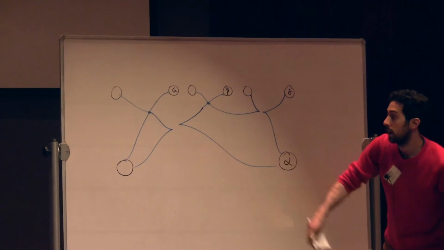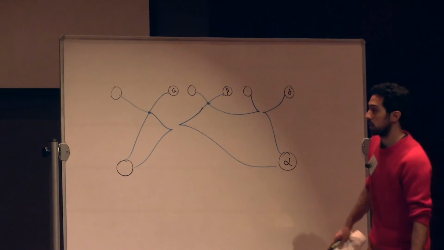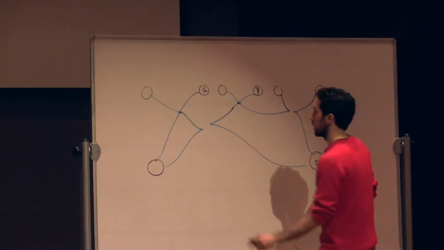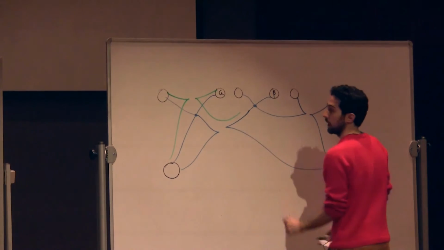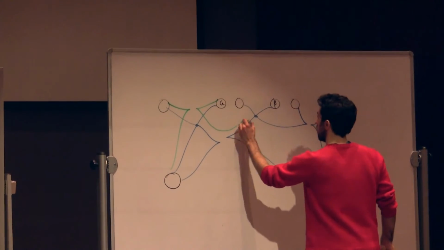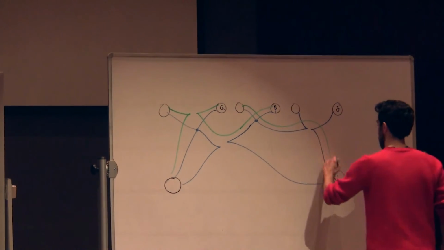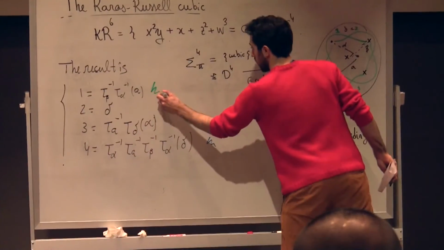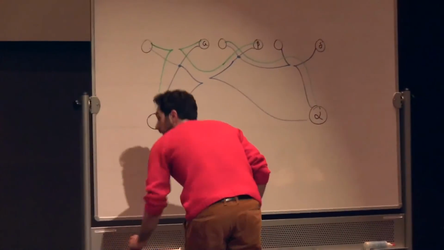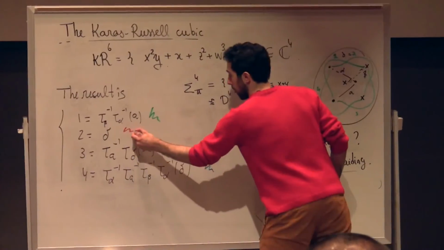So we've attached 4. Now we have to attach 1. So that's taking alpha and doing tau A of alpha. And now you move to beta, which is a minus 1. So you do that. So that guy in here is 1. And then we attach delta.